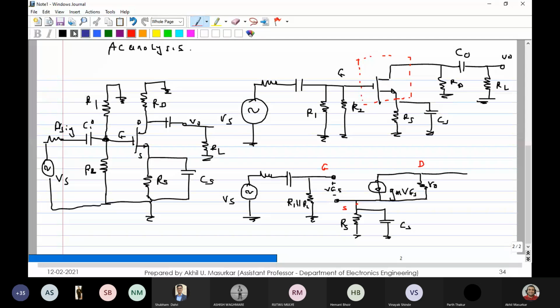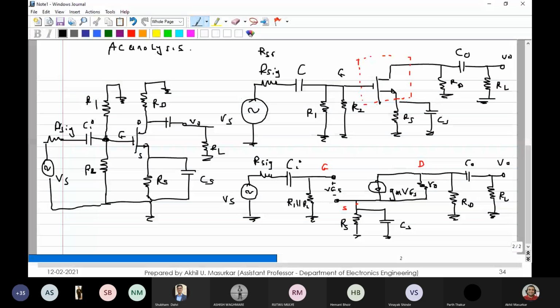So this is CI, this is R of the signal source, R sig, I am just writing. Sometimes I also write RSR, that is the resistance of the source, or RSR is the value which SPICE actually uses. So R sig, RSR, whatever you want to write there, you write.